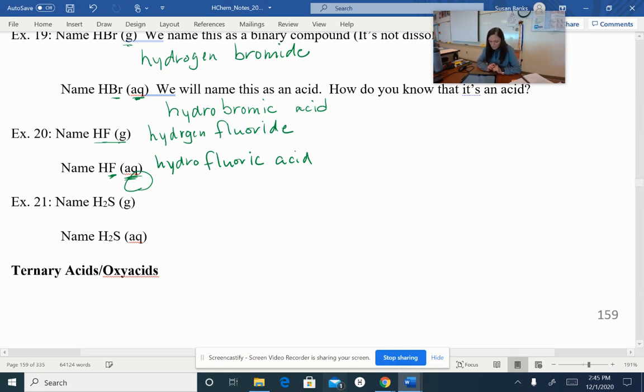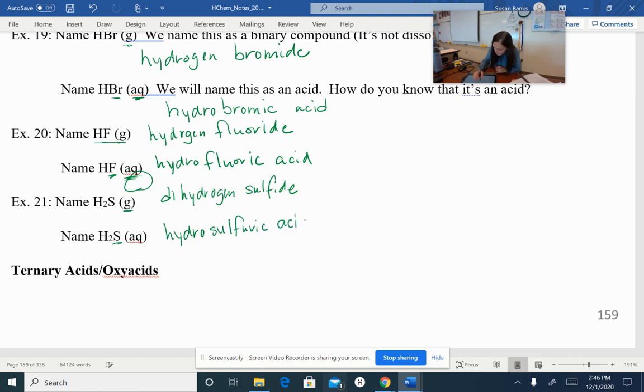You ready to check? Okay, as a gas, we're going to use our covalent naming compounds. So this is going to be dihydrogen sulfide. As an acid, we don't put that di in here. We're going to start with hydro, sulfur, sulfuric acid.